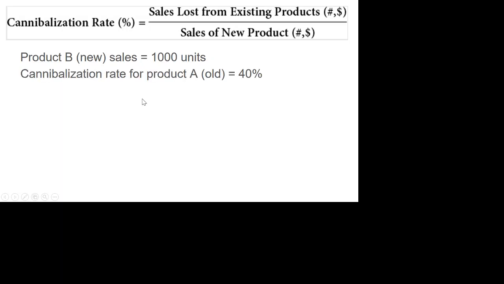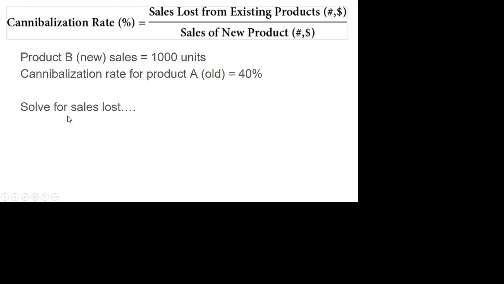Okay, so let's go through this. Cannibalization rates. Pretty simple example here. So you've got a company that sells 2 products. Product B, which is brand new, never sold before, and product A. Okay, so product B, you sold 1,000 units. And you know that the cannibalization rate for product A, again, the old product, was 40%.